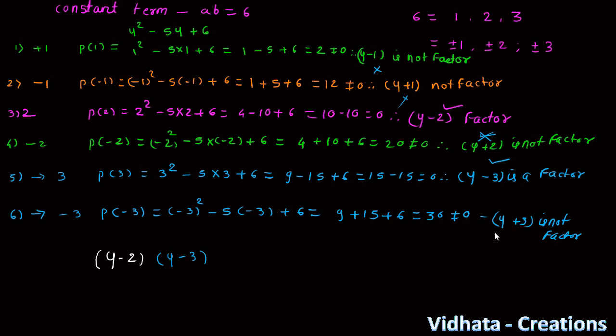In the case of minus 3, the value of the polynomial is not equal to 0, so y plus 3 is not a factor. So overall, the factors of the polynomial in y are y minus 2 and y minus 3. Like this, by using the factor theorem, you can find the factors of the given polynomial by the value method.